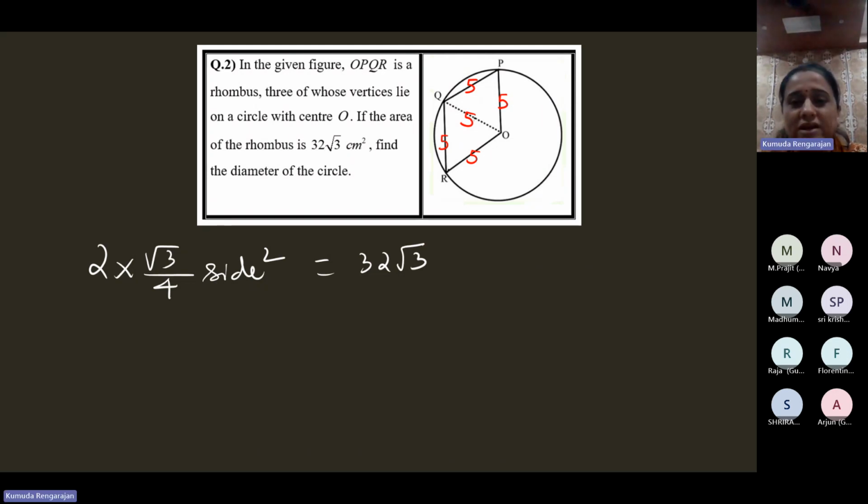The area of one triangle is root 3 by 4 a square, and with the other, 2 into root 3 by 4 a square. This is equal to the area of the rhombus, which is 32 root 3. So when you work this, you will find the side or the radius of the circle and hence find the diameter.